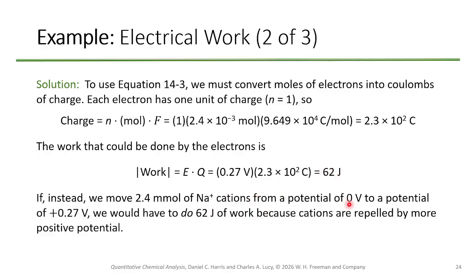And again, it's because they're going to be repelled by the more positive potential, right? It doesn't matter if we're moving positive things or negative things, if we're still building up that same level of potential, it's the same answer, right? It doesn't actually matter what the mass is in terms of the electric potential here, as long as it can move.